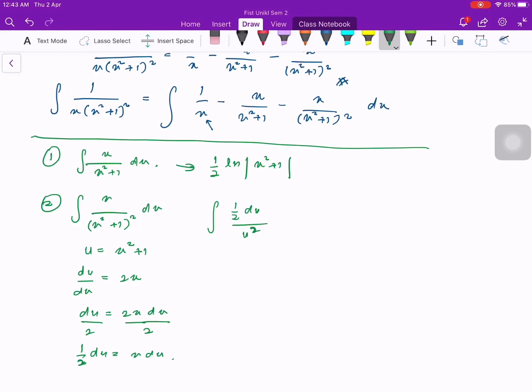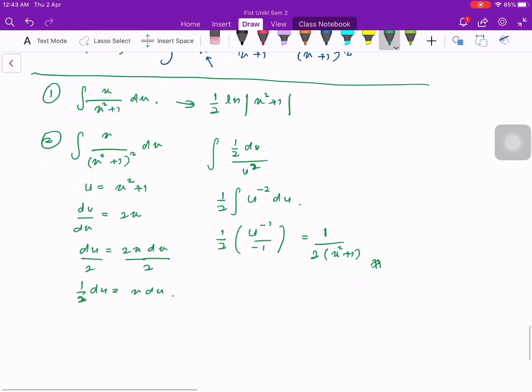Then half is a constant, saya keluarkan, saya akan dapat 1 per u kuasa 2 du. Then here is actually a negative index, kita jadikan di dalam negative index, which is -2. Then kita akan dapat half u to the power of -1 over -1. Then this will be equivalent to 1 over 2 times with x squared plus 1. So this will be the answer for 2.